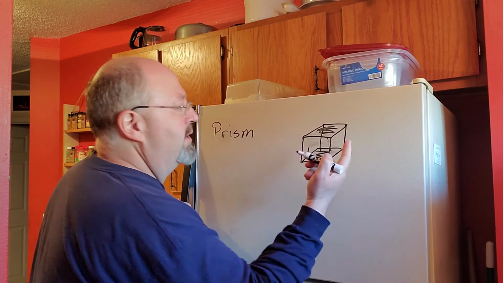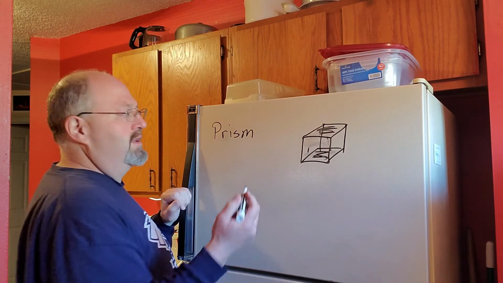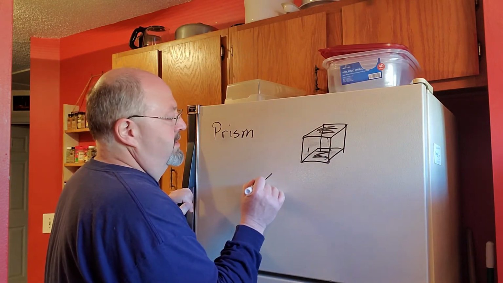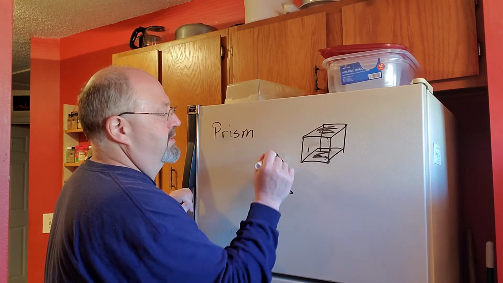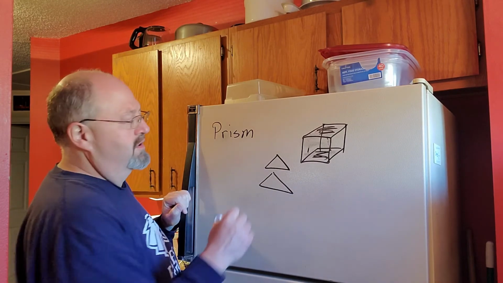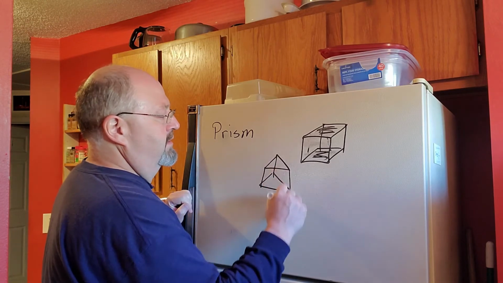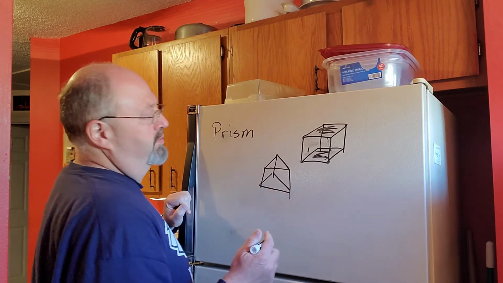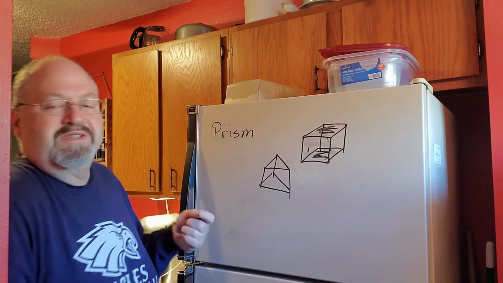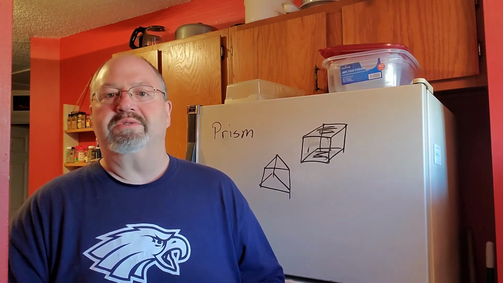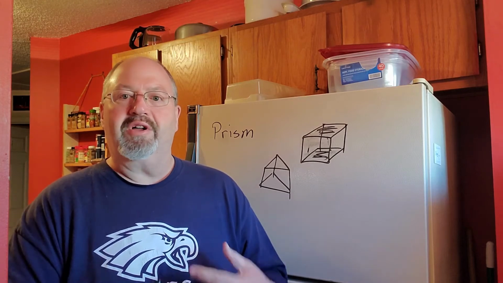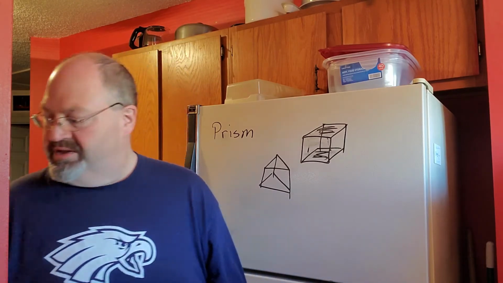So this is a prism. Prisms do not have to be rectangular. I'll test my drawing abilities. So we have 2 congruent triangles, and you connect them. You also end up with a prism. The bases can be any two-dimensional shape, as long as they're parallel and congruent, and you just connect the sides.